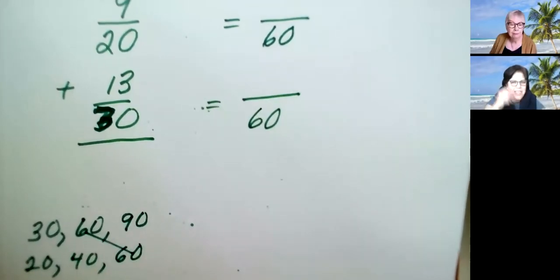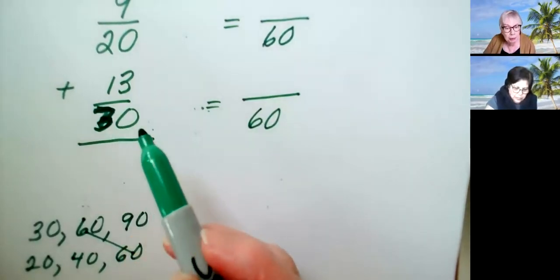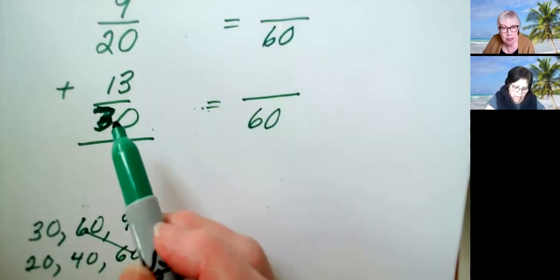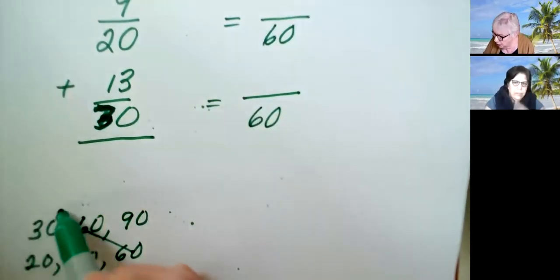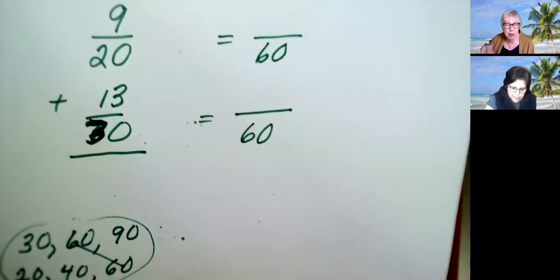I think you can do it by taking the larger one and doing multiples. 30 wasn't good enough for both of them, but 60 was. Once you got to 60, you said, that's it.